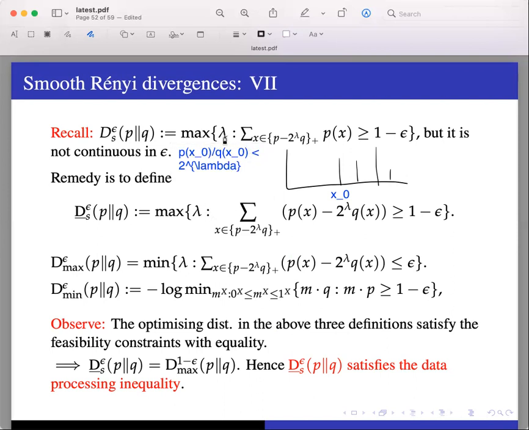Let us say lambda is the optimal solution that I have for d epsilon s, and then x naught is the next one. x naught is the guy whose likelihood ratio is below 2 to the power lambda, but just below 2 to the power lambda. The other x's have even lower ratios. So this is the next candidate, so to speak. Now, what will happen for d epsilon s as epsilon increases to epsilon prime.